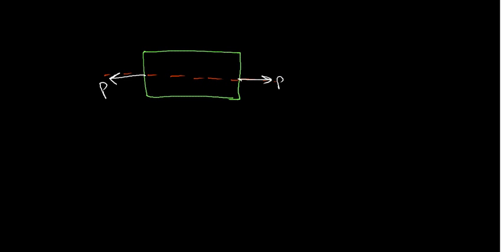So what will happen? There will be an internal resistance offered by the material. It does not want to get deformed. It hates to get deformed. Okay. So if this resistive force, let's name it R.